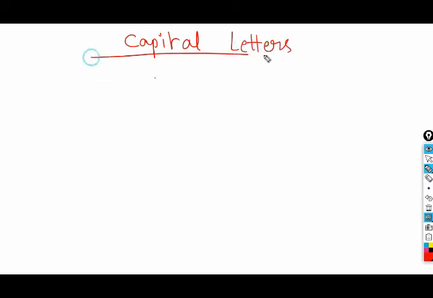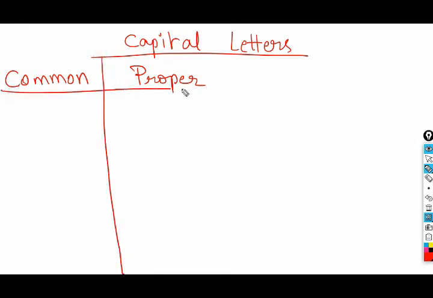When do we write capital letters? Just think for a minute. When do we write capital letters? There are two types of noun: common noun and proper noun. But even before I explain you the difference between common noun and proper noun and when to write capital letters, let me ask you a question.